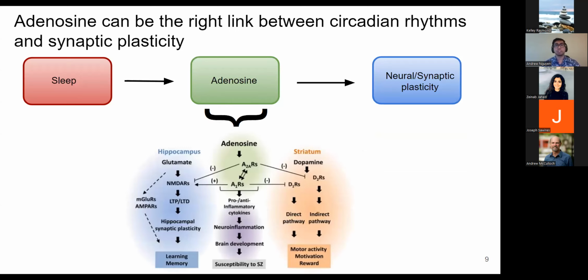So we hypothesize that this black box can be adenosine. We hypothesize that adenosine, coupled with these previously mentioned calcium ion signaling pathways, and its intervention in these coupled pathways, can be the link between circadian rhythms and synaptic plasticity.